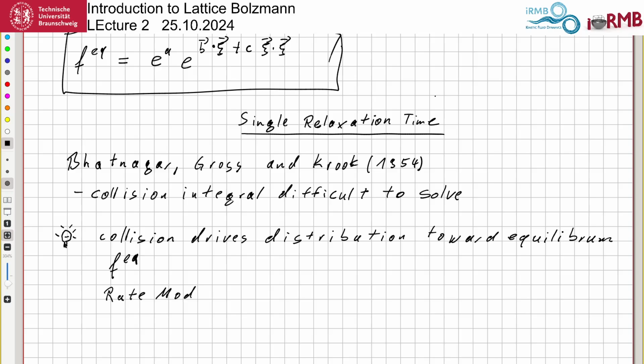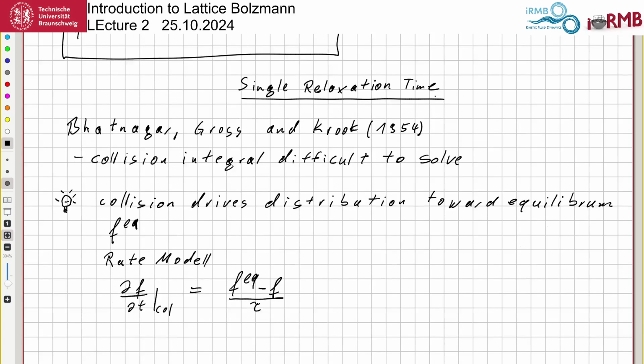So they have a rate model saying that the collision operator, df by dt only due to collision, not to streaming, could be described as the equilibrium minus the pre-collision state, divided by a time scale tau. This is basically the way you can solve this integral if you know the tau.